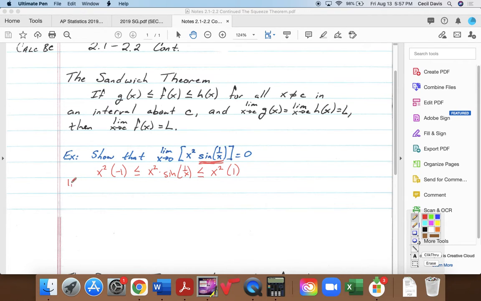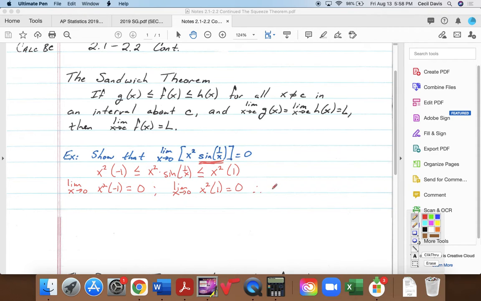So the limit as x approaches 0 of x squared times negative 1, well, as x gets close to 0, square it, that's going to be really, really close to 0, times negative 1, it just kind of laughs it off and goes, yeah, that's going to 0. And on the other end, the limit as x goes to 0 of x squared times 1 is also equal to 0.